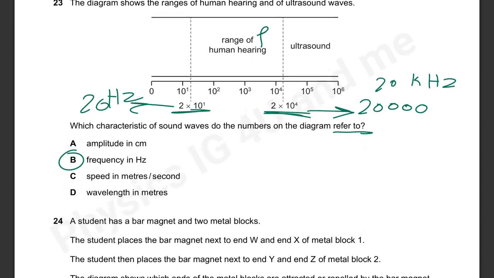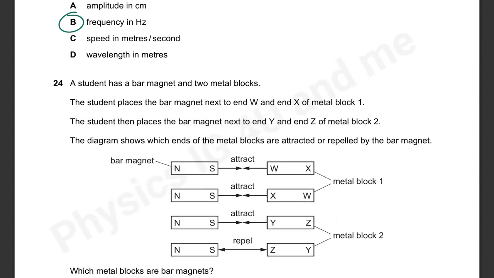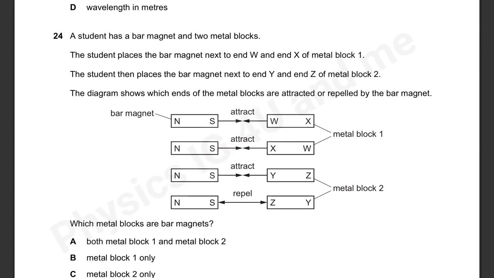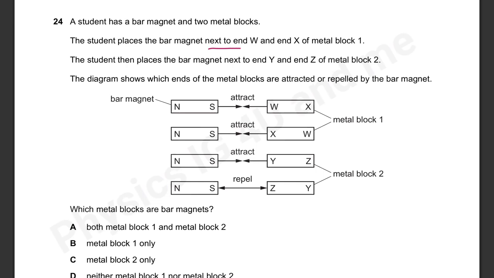I hope it's clear. Now question 24, a student has a bar magnet and two metal blocks, okay? The student places the bar magnet next to end W and end X of metal block 1, like here and here.